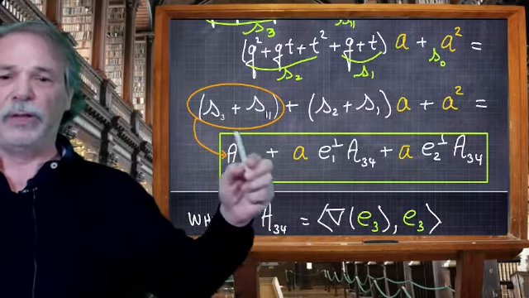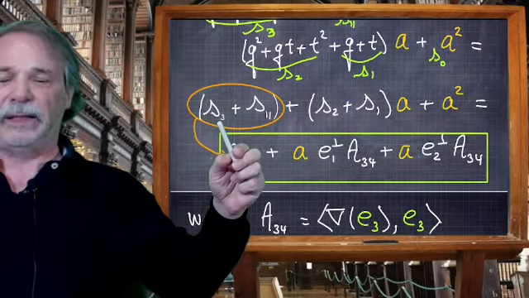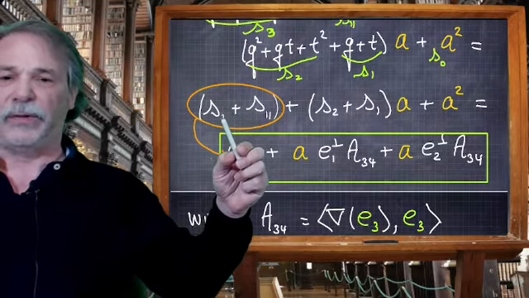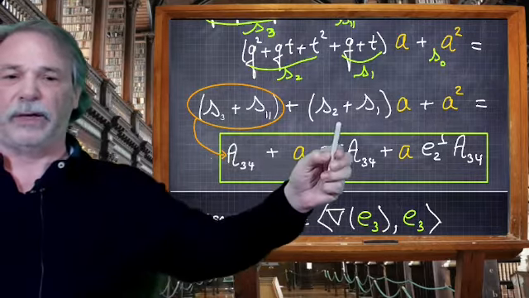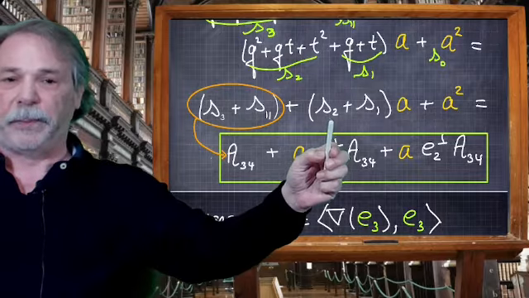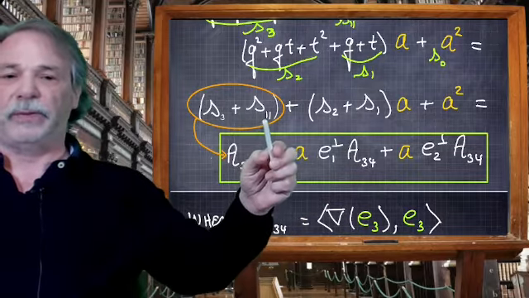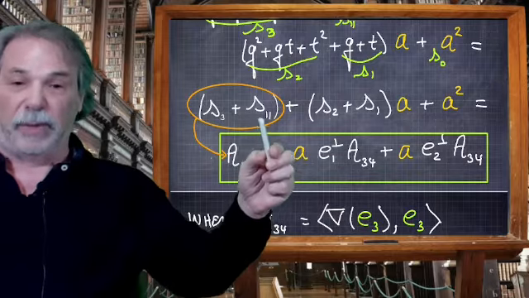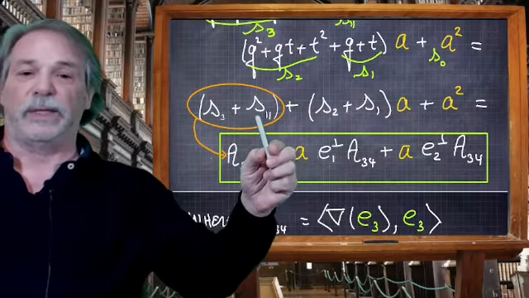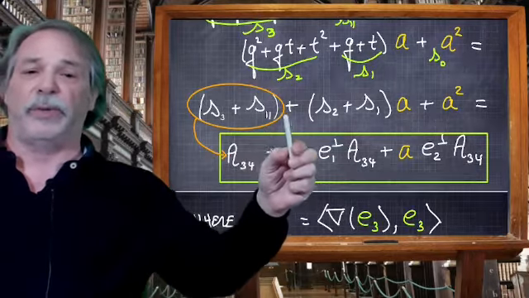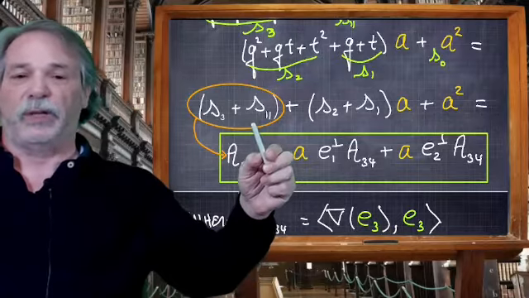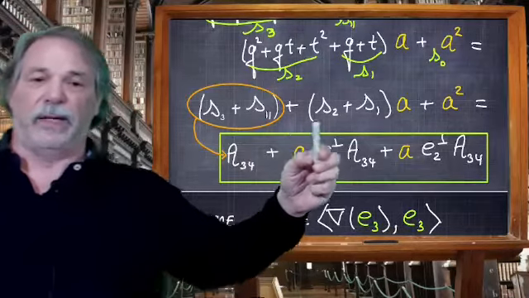So E1 removes one cell in all possible ways along the rows of 3, and that will give you S2. And if you remove in all possible ways one cell here, you're just allowed to remove a cell in the second row because you couldn't do it in the first, and you get S1.